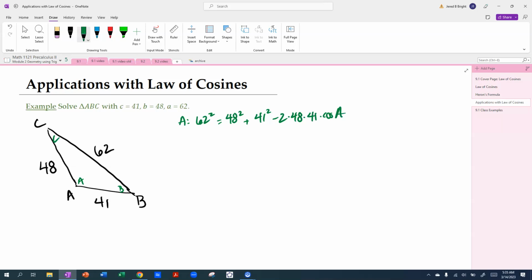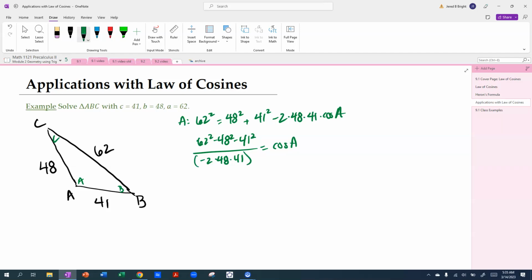Now I need to solve for cosine of A. This would be 62 squared minus 48 squared minus 41 squared, all divided by negative 2 times 48 times 41. We need to remember that the denominator all needs to be in parentheses when we're putting it into our calculator.